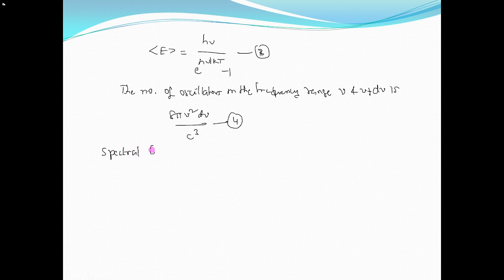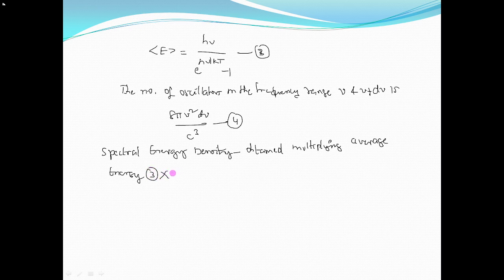So spectral energy density can be obtained by multiplying the average energy of the oscillator, which is equation 3, and the number of oscillators, which is given by equation 4.